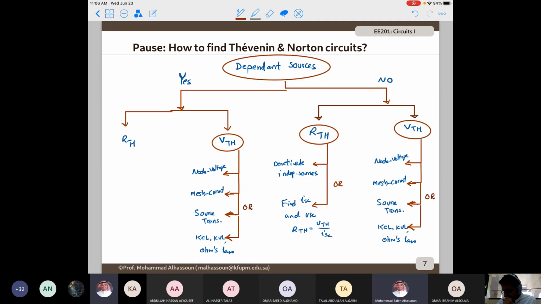But now, what about the Thevenin resistance here? This is a very interesting situation. So this will be our first case. This will be our second case.